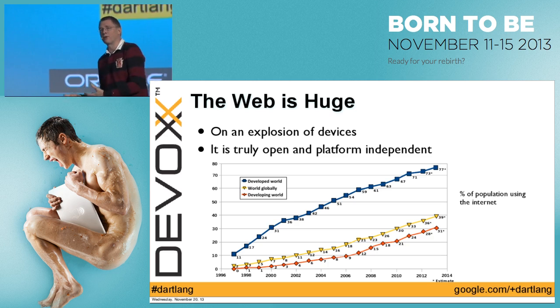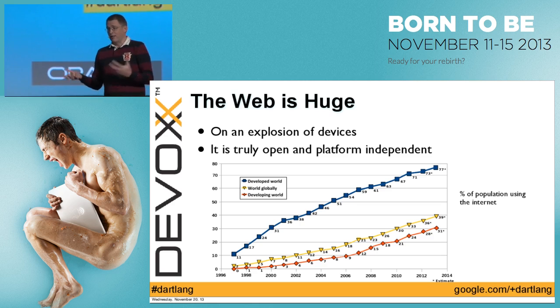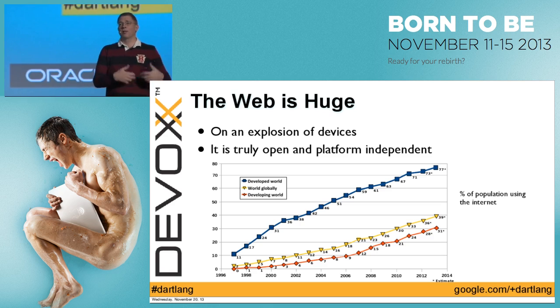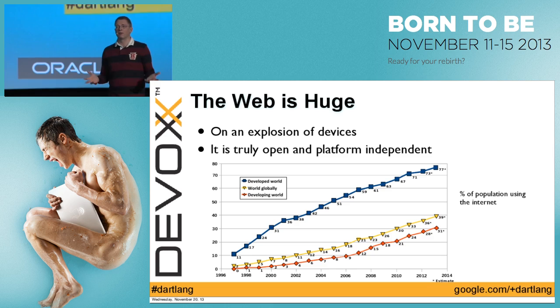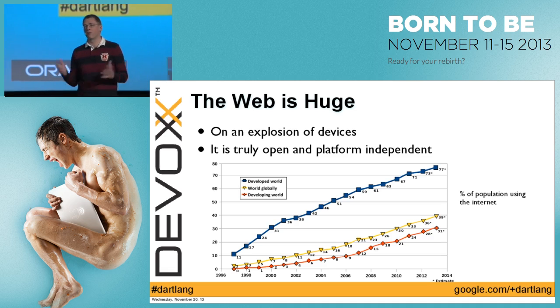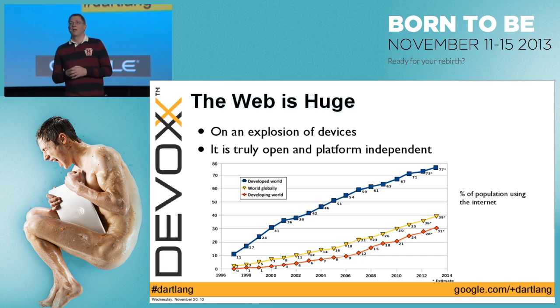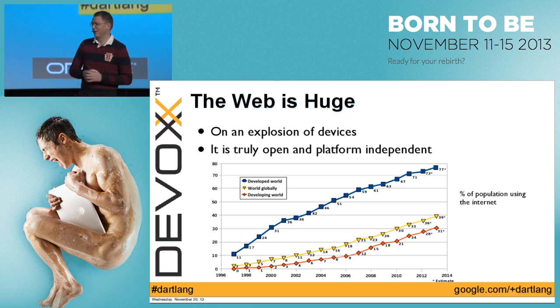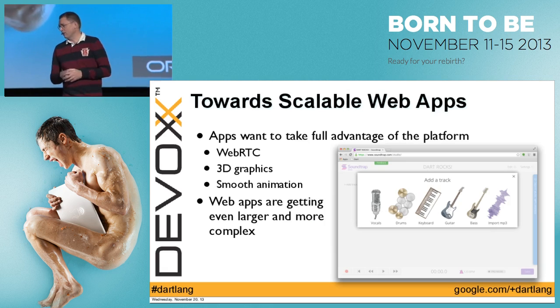I always like to tell this story about my kids: you give them a computer and they start up a web browser, but they don't use any other applications on the laptop. Compared to when I was young, you installed a lot of native apps. Today it's all about web applications. So companies doing apps are focusing on web applications unless it's on the Android platform or iOS. So let's go on to the next slide.